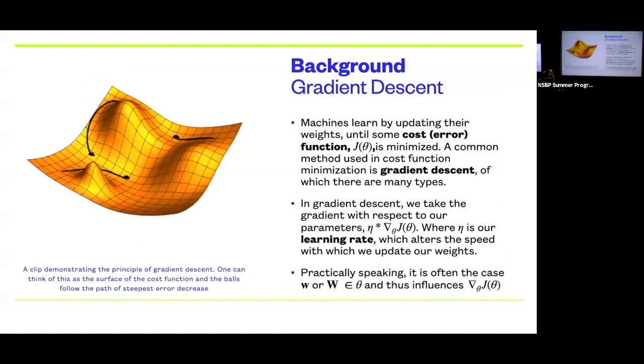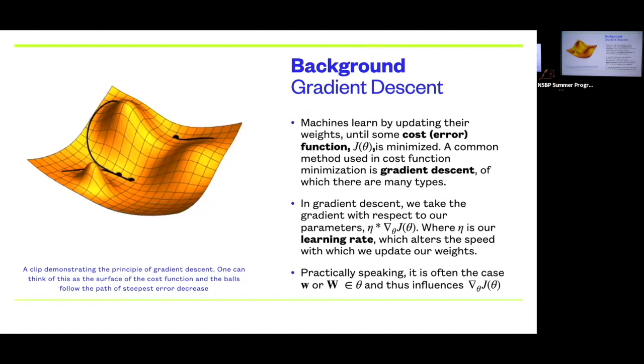So machines essentially learn by minimizing some cost function, where this cost function is a measure of how effectively the machine can compute a given learning task. And one way it minimizes this cost function is by adjusting a variety of parameters using a method called gradient descent.